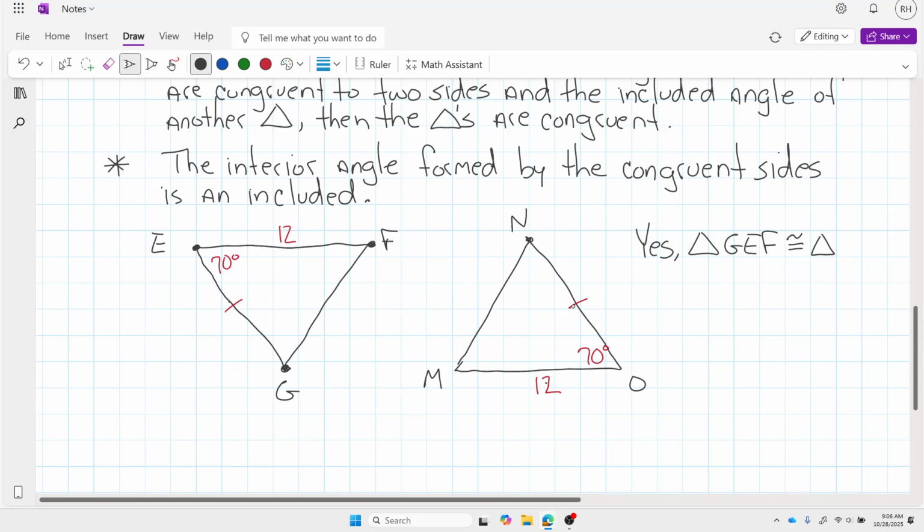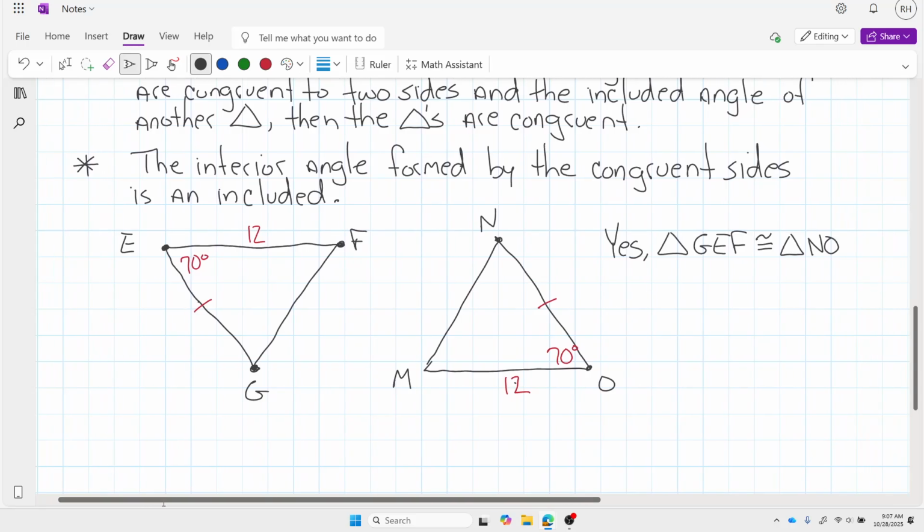We've got to go from N to O. All right, so we go N, O, and we've got only one vertex left. So NOM. And then we can say our explanation is by side angle side congruence.